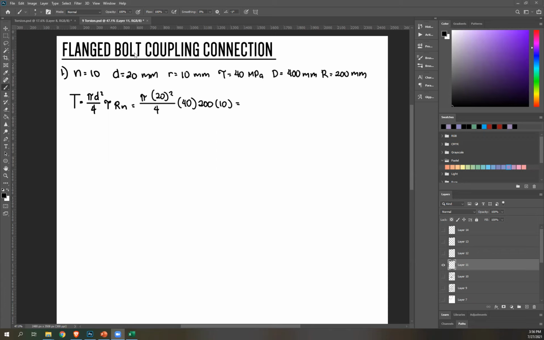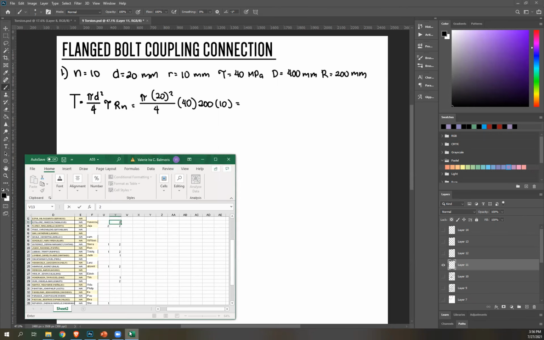Again, please compute. Correct. Sierra and Nina Flores Gutierrez.